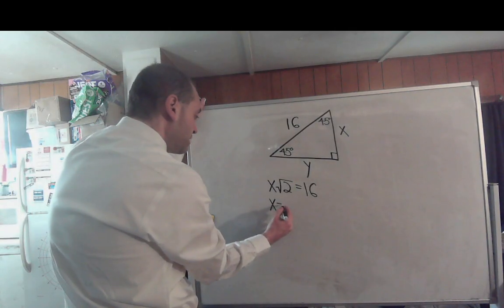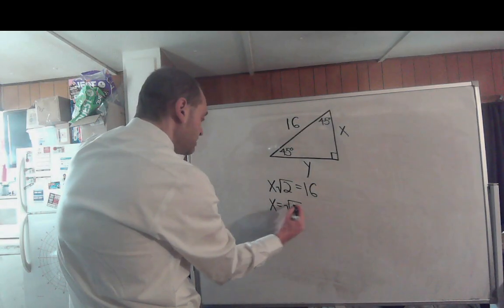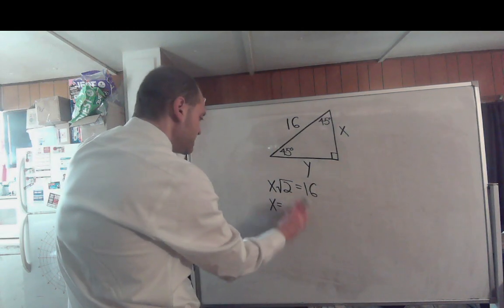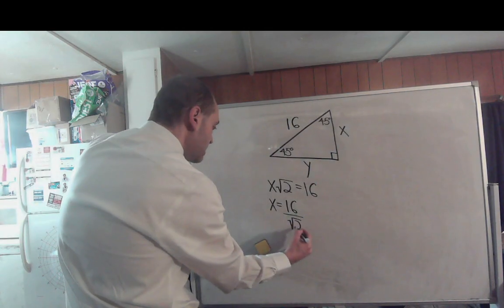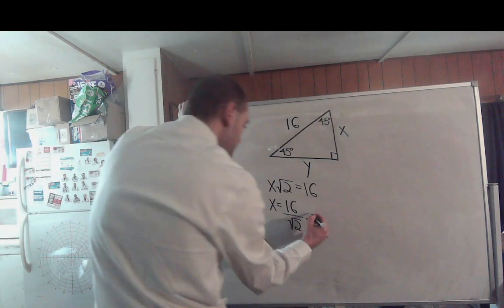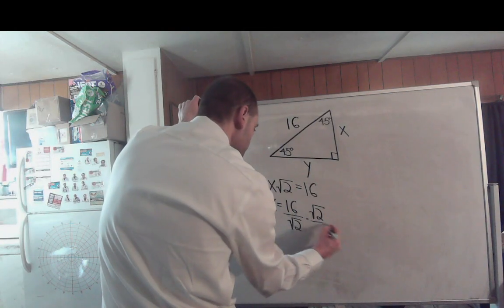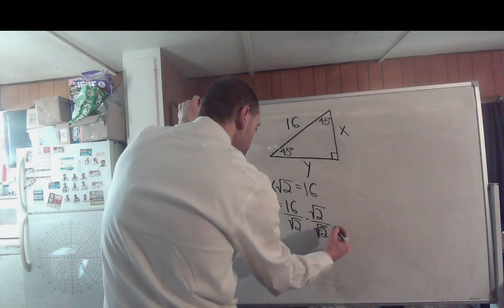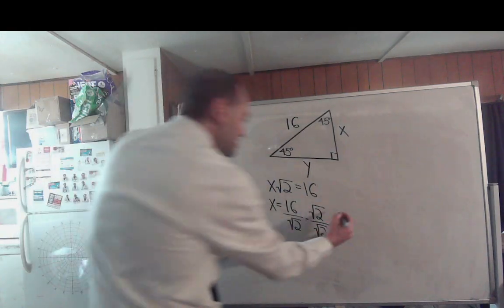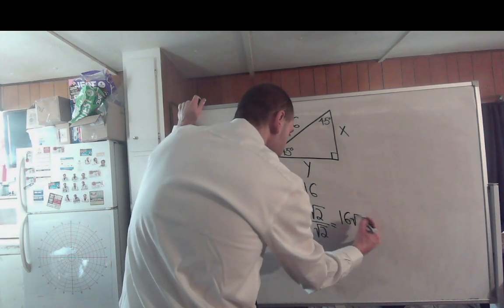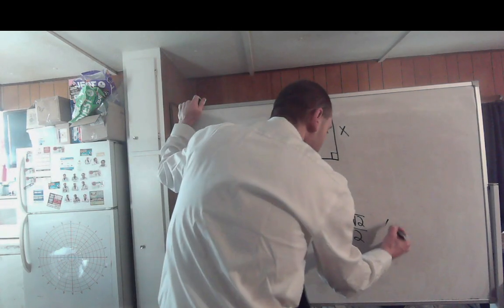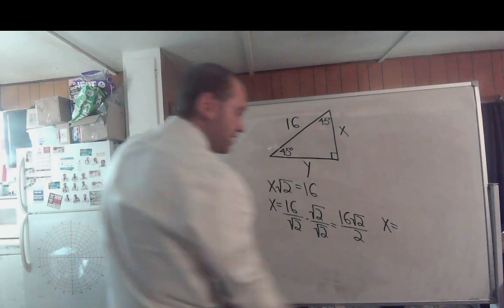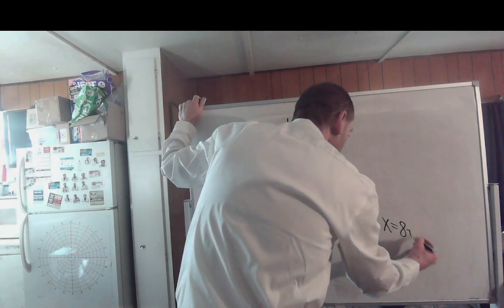So x would equal 16 over the square root of 2, then rationalize, so times the square root of 2 over the square root of 2. Well, that's going to equal 16 times the square root of 2 over 2, which means then that x is going to have a length of 8 times the square root of 2.